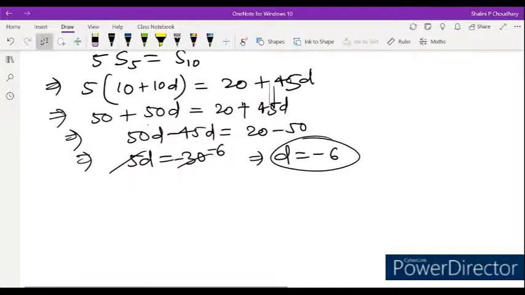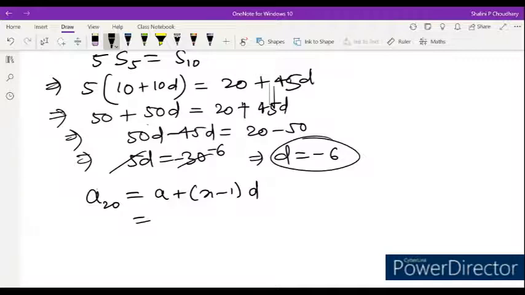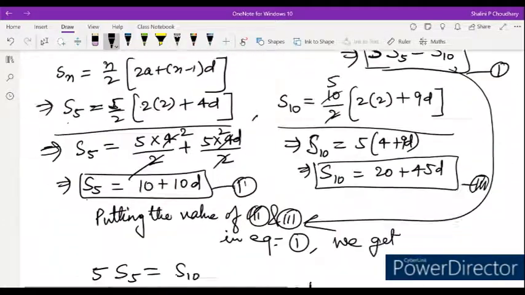Now what we have to find out in this question is to show that the 20th term is minus 112. So we have to find the 20th term, that means a20, it will be a plus n minus 1 d. So what is the first term? First term is 2.